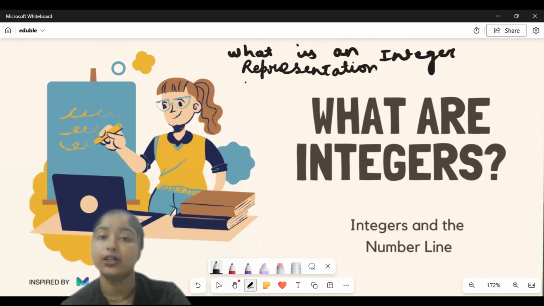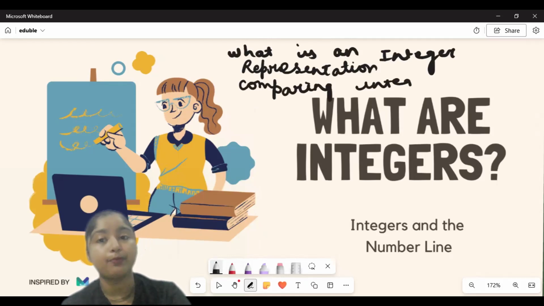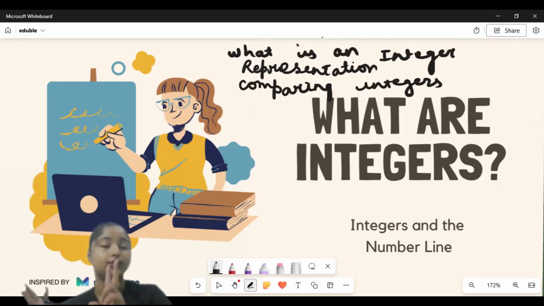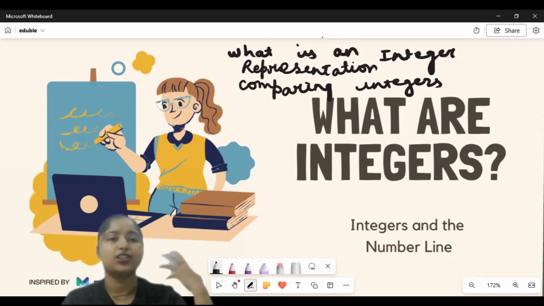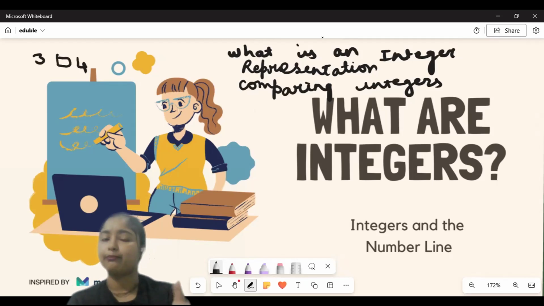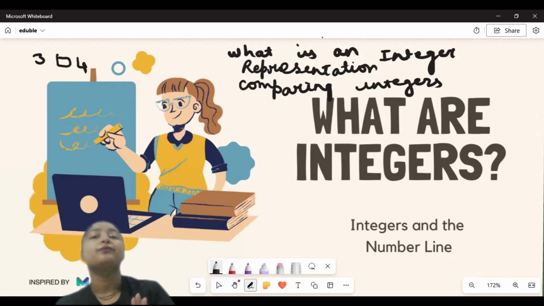Then we'll be moving towards comparing integers. Now, the comparison part is not just direct; the comparison is basically of two types. One is the direct questions and one is the indirect questions. The direct question is just the normal comparison, how you compare other numbers like 3 and 4, which one is bigger. You will find this direct comparison in terms of integers as well.